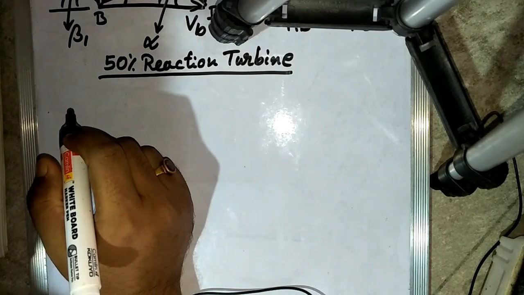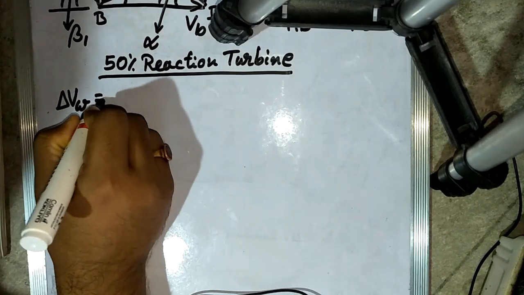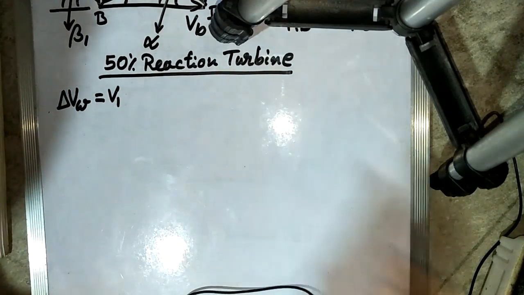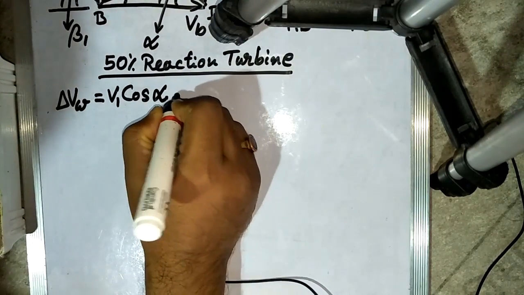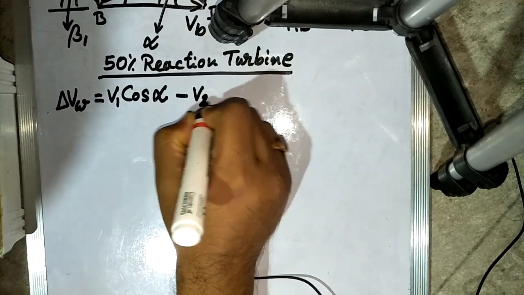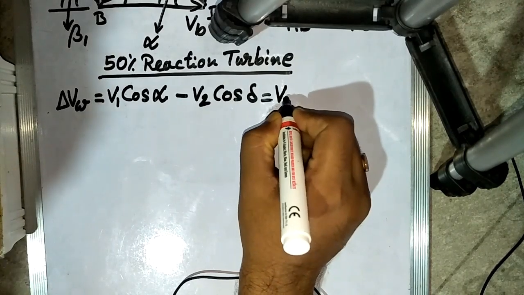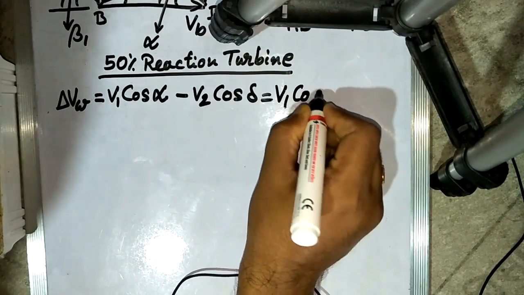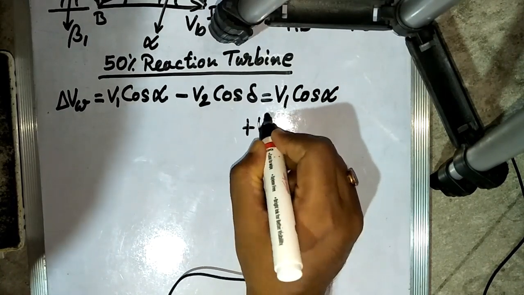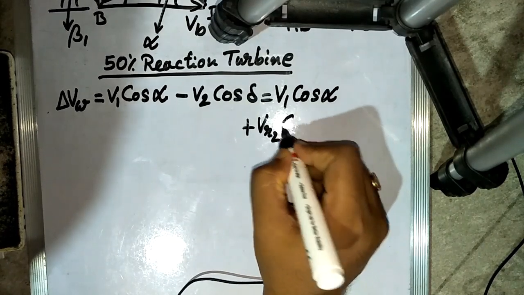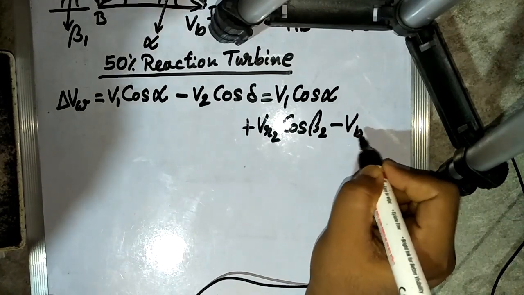From the above diagram, we can write ΔVω equals V1 cos alpha minus V2 cos delta, equals V1 cos alpha plus VR2 cos beta 2 minus Vb.